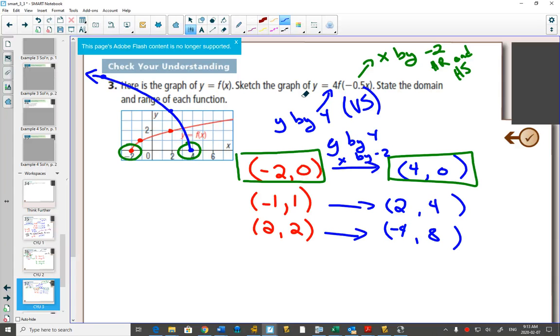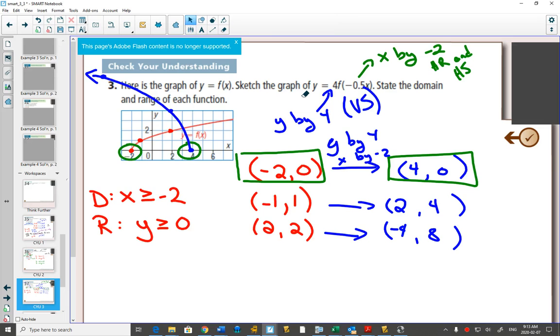Okay? State the domain and range of each function. So our original domain was x is bigger than or equal to negative 2. Our original range was y is bigger than or equal to 0. On our blue graph, our new domain is x is less than or equal to 4. And our new range is, well, still the same.